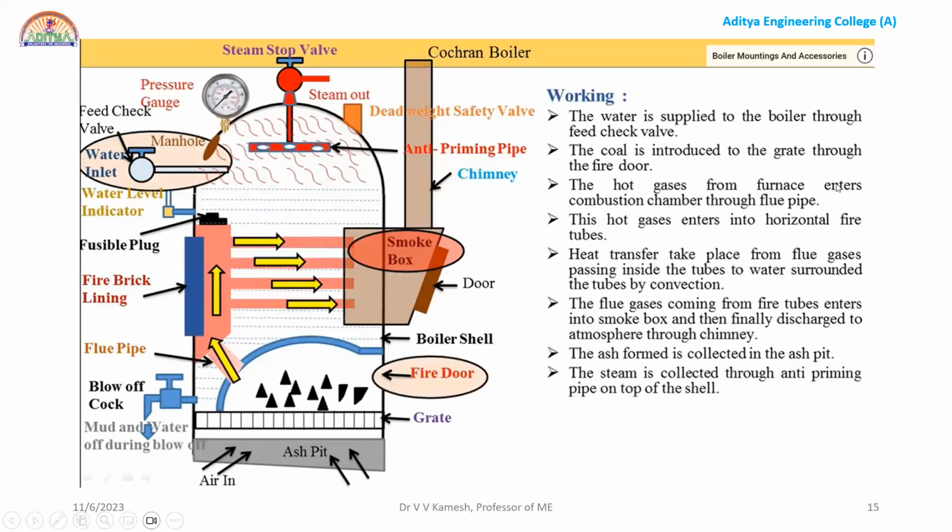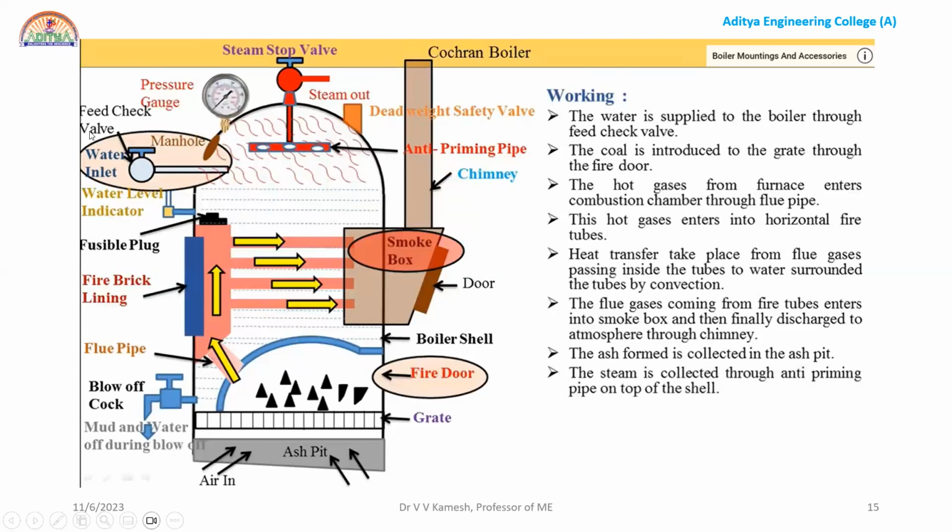And the working: so what is the first stage, what is the second stage, like this, right? Initially, the water is supplied to the boiler through the feed check valve. Now you can see to the top left side, you are having the feed check valve.